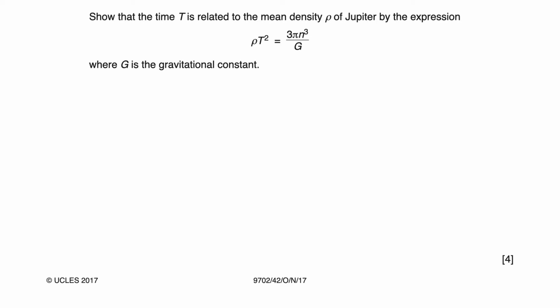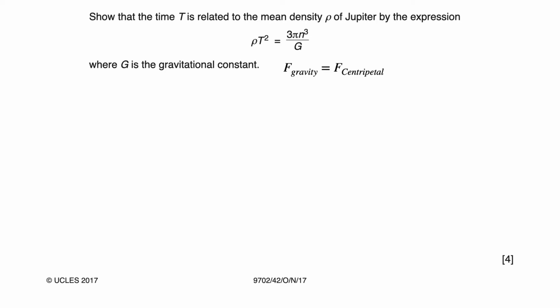Why is the moon in orbit? Because gravity is pulling the moon, and the moon is going in a circular manner. What is the force associated with circular motion? It is centripetal force. Unless this centripetal force is equal to the gravitational force, the moon will not stay in orbit. So this is our first step.